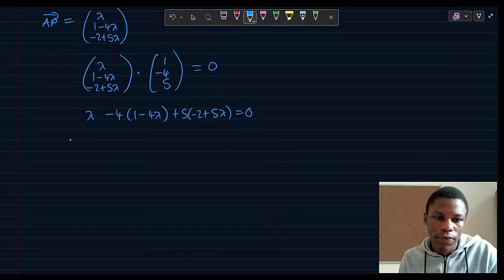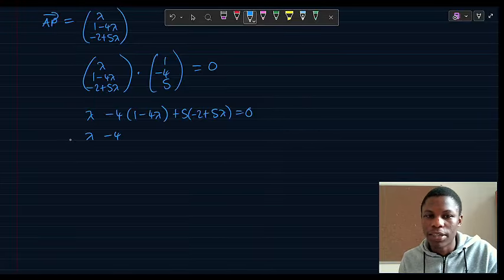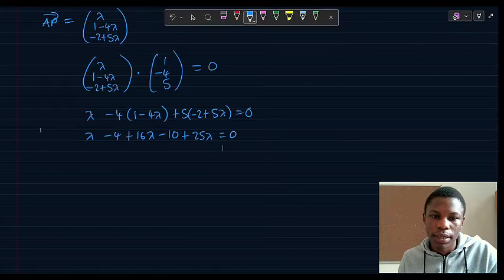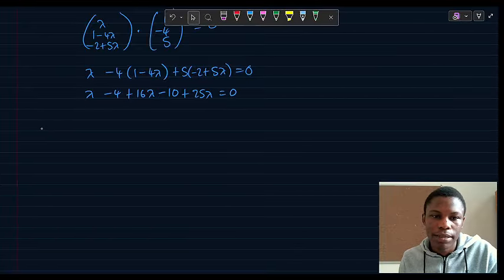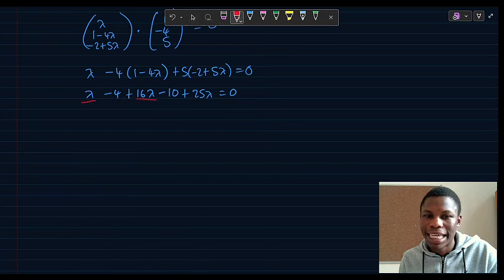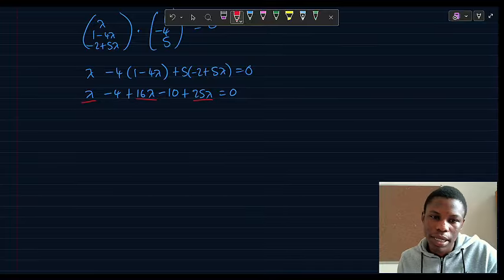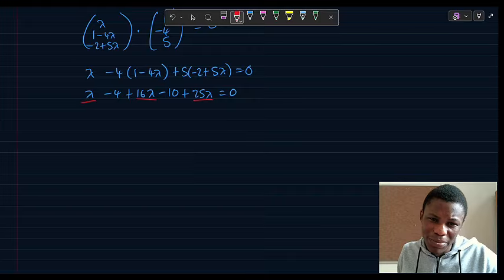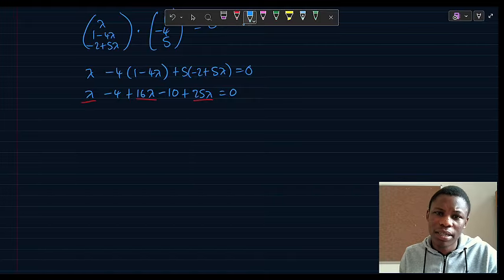So let's simplify. Lambda minus 4 times 1, minus 4 times minus 4 lambda, that's plus 16 lambda. Then 5 times 2, that's negative 10. 5 times 5 lambda, that's 25 lambda, is equal to 0, right? Now let's simplify this. So lambda plus 16 lambda, that's 17 lambda, plus 25, that's going to be 42 lambda.